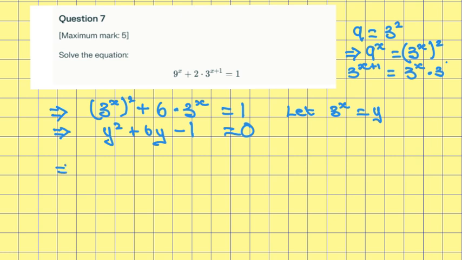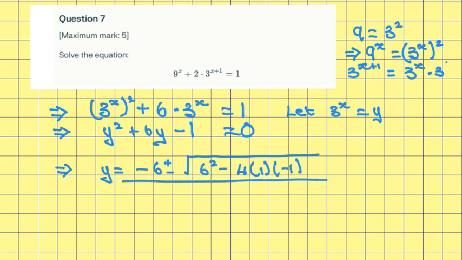So therefore, I've got y is equal to minus 6 plus or minus the square root of 6 squared minus 4 lots of 1 times minus 1, all over 2 times 1.